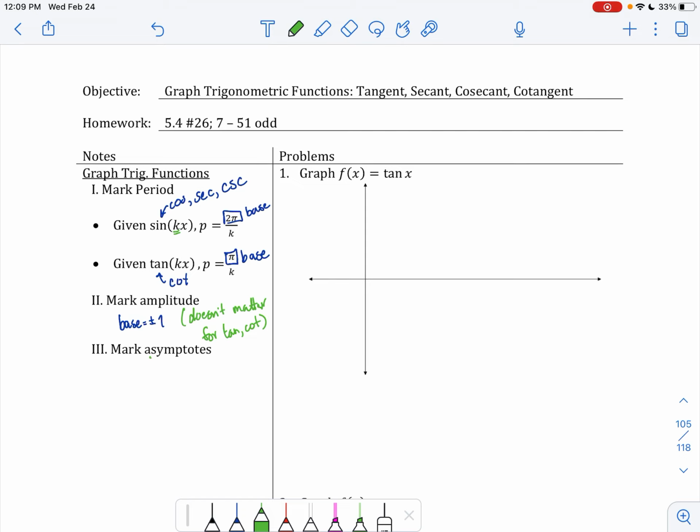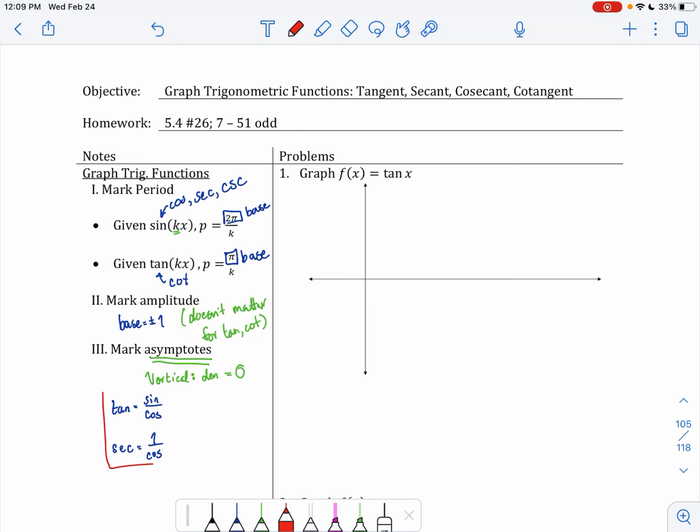Now, your third thing is asymptotes. These are going to be vertical asymptotes, and if you remember, that's where the denominator of a function is equal to 0. Tangent is equal to sine over cosine, and the other function that's over cosine is secant, which is 1 over cosine.